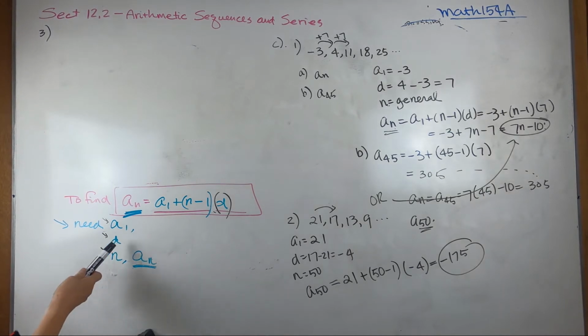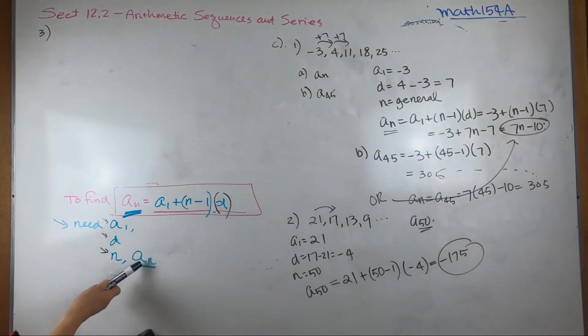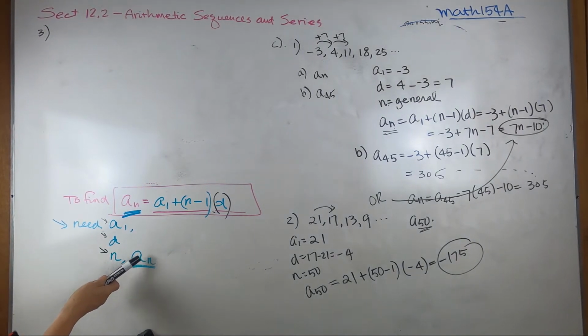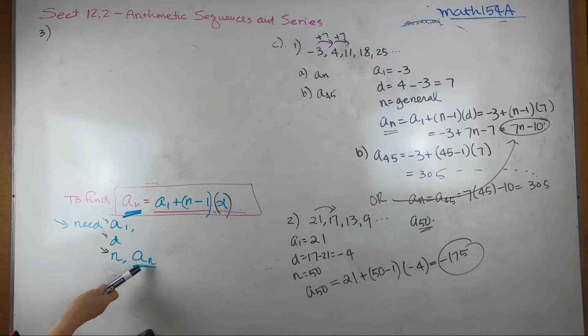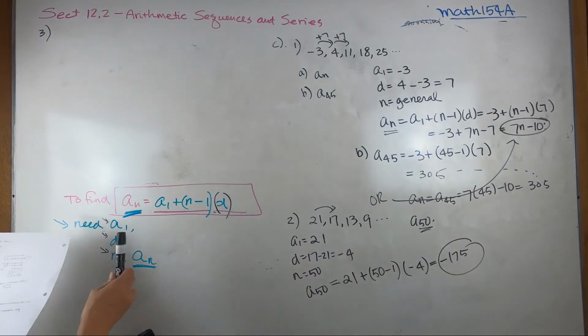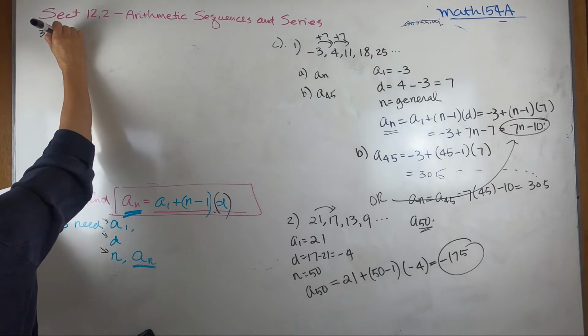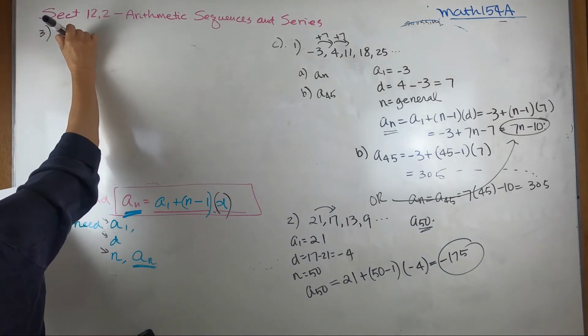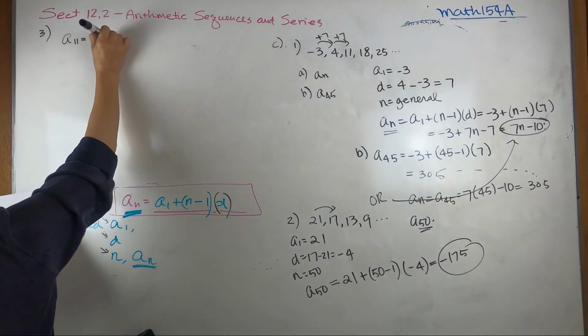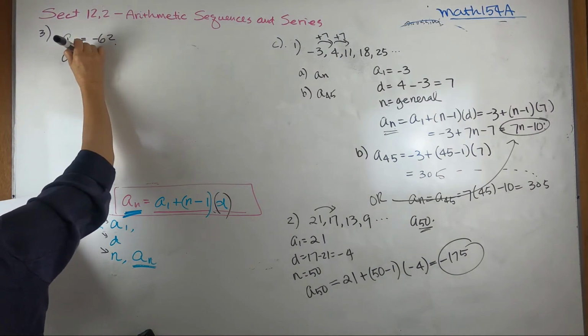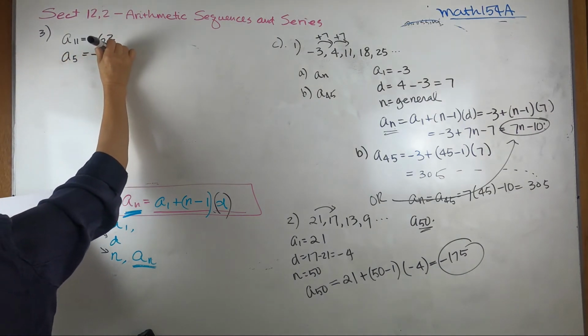Or we can give you the common difference and a 10th term, then we will expect you to be able to find the first one, how you started. All right, so if we give you this one, if A11 is negative 62, A5 is negative 104.